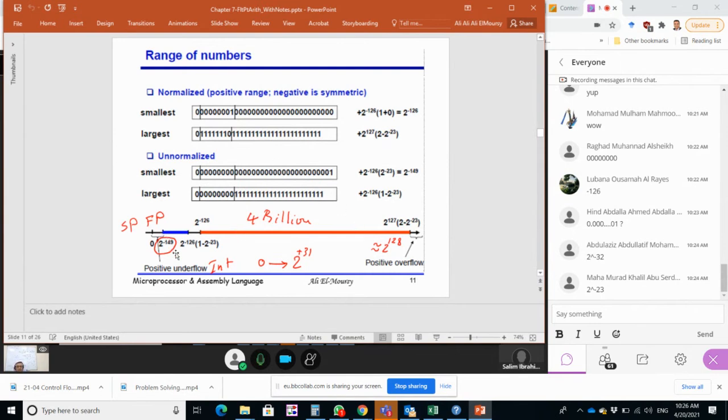Here I can represent very small infinitesimal fractions or very large numbers using floating point. The spaces between the representations are not even, unlike the integer, and the range is way bigger.